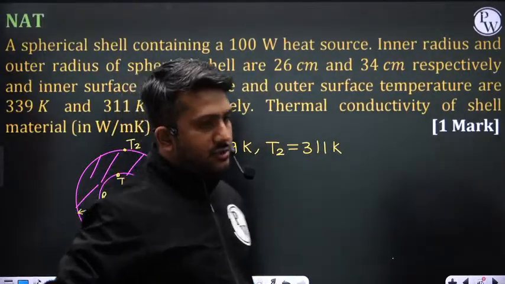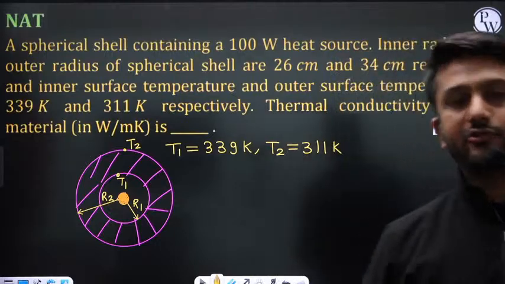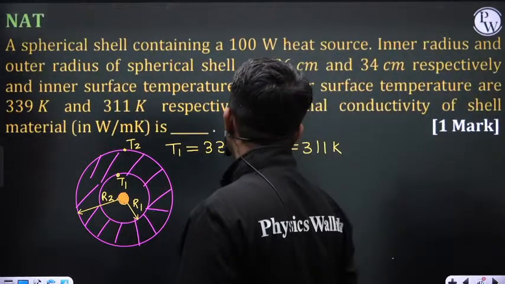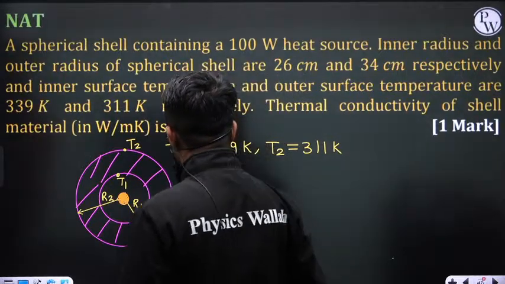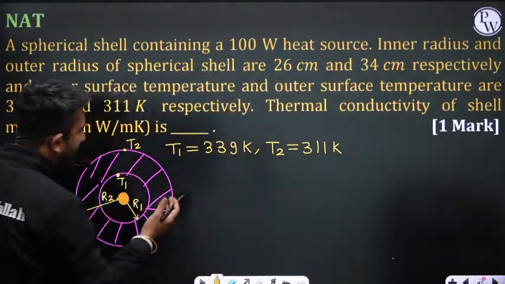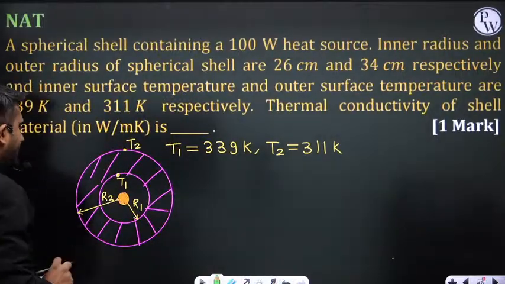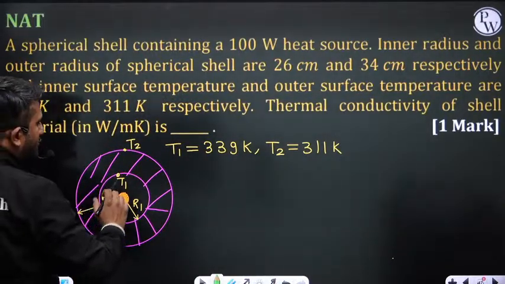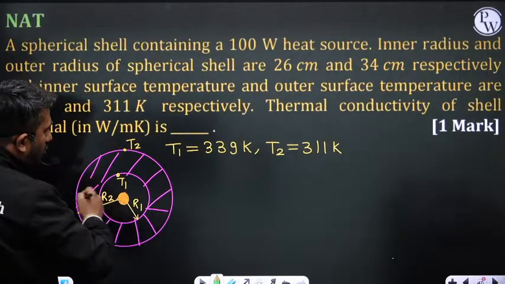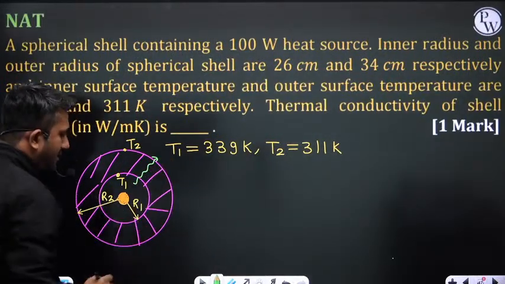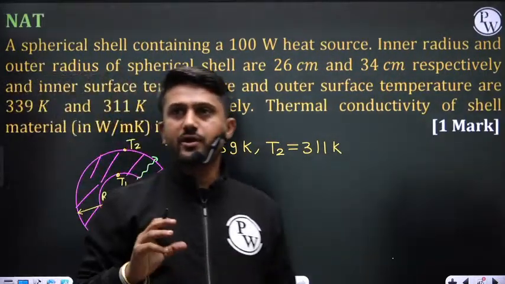Okay. So what is the heat energy generated by the heat source? That is 100 watt. And this 100 watt is equal to, if you apply the energy balance, then it is very much clear, whatever the heat energy generated by this heat source in this hollow sphere, that heat energy is propagated via conduction.